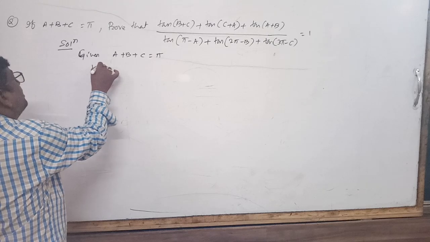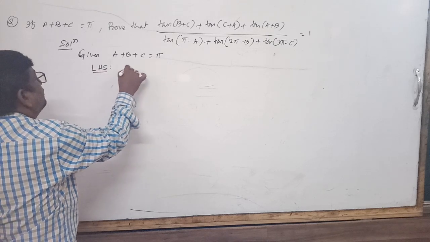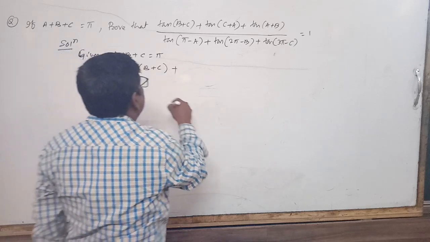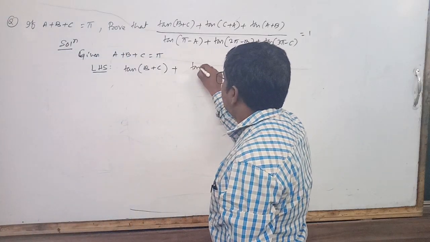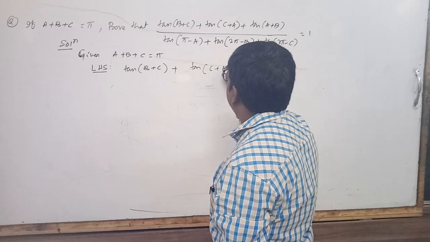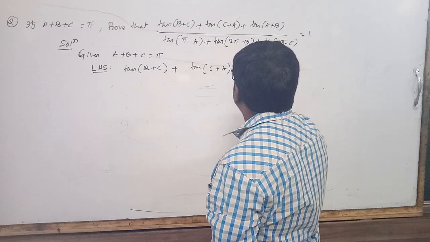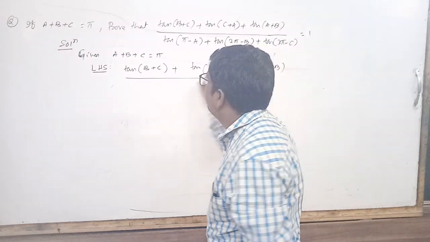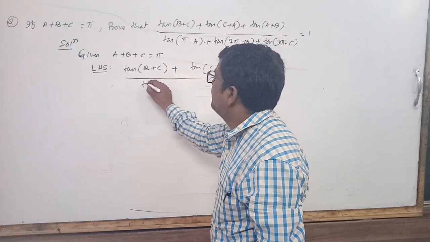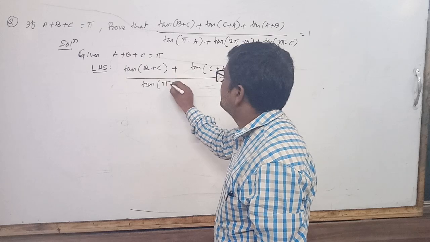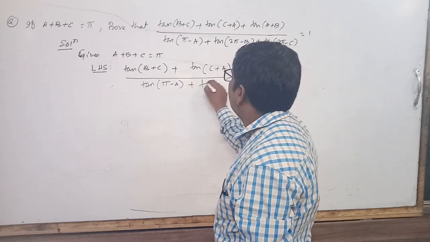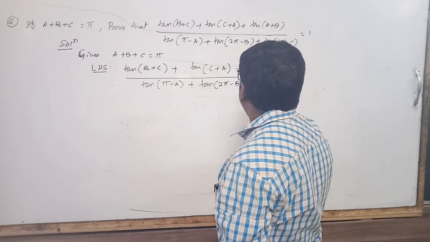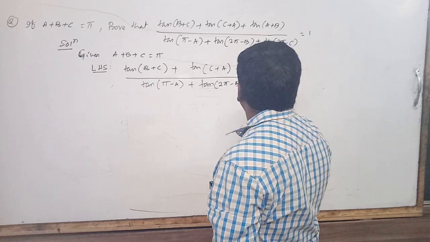Then left hand side: tan(B plus C) plus tan(C plus A) plus tan(A plus B) divided by tan(pi minus A) plus tan(2 pi minus B) plus tan(3 pi minus C).